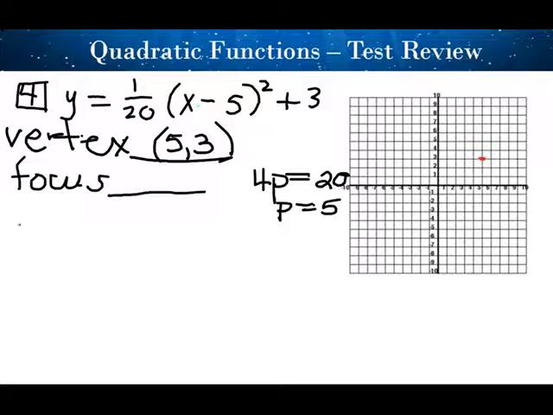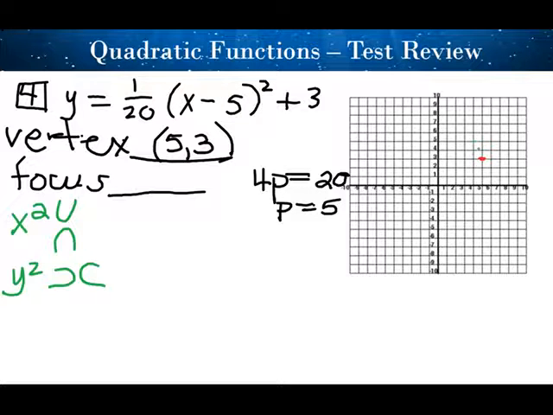If I have an x squared in the equation, I know the parabola is going to be going up or down. If I have a y squared in my original equation, the parabola is going to be going to the right or to the left. It just depends on if the p is positive or negative. In this case, it's an x squared, because I can see x minus 5 squared, so that's still an x squared.